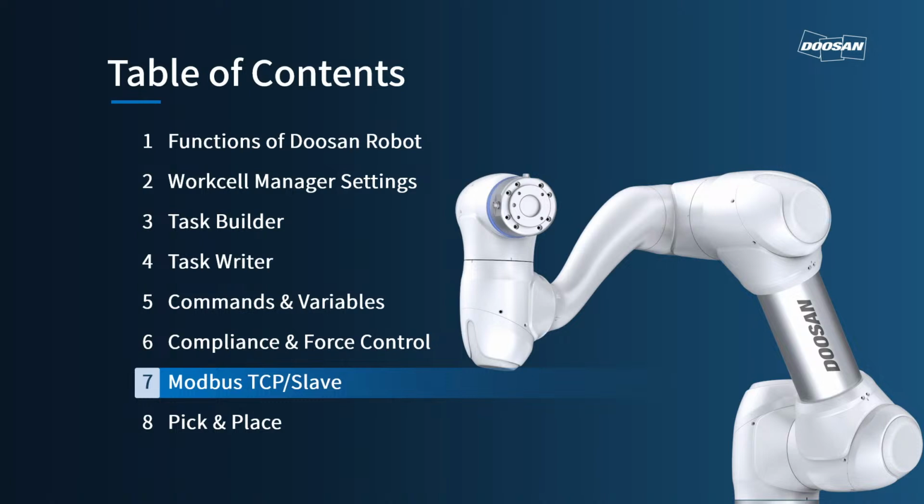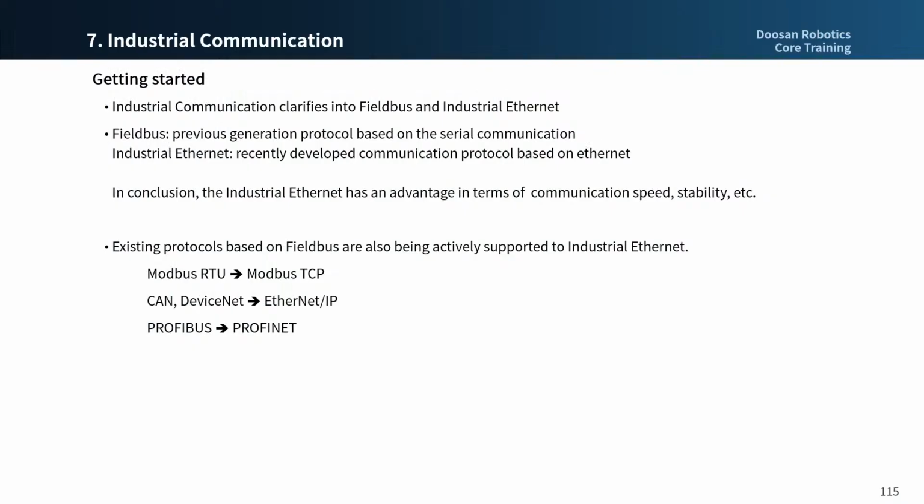Let's continue the core training from Chapter 7, Modbus TCP Slave. Industrial communication is divided into field bus and industrial Ethernet.